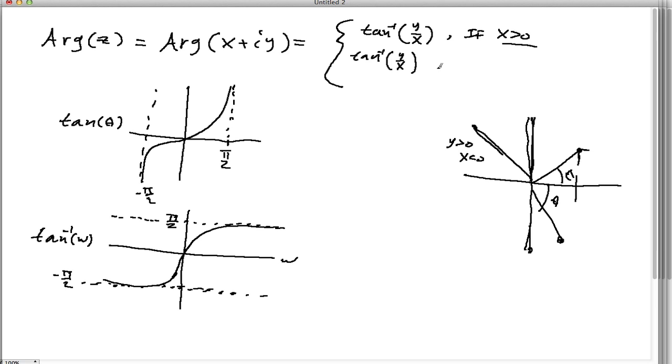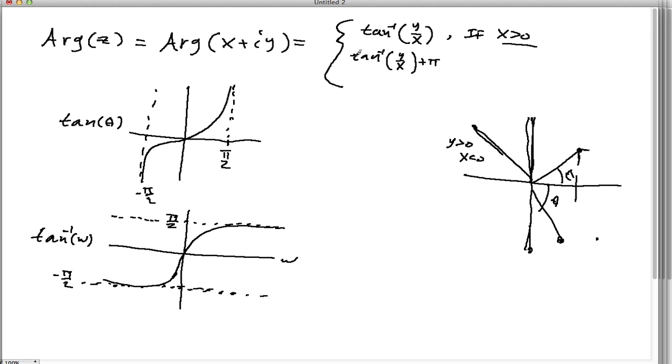In this case, y is greater than 0 and x is less than 0, so y over x is a negative number. Tangent inverse will give the equivalent value to the one on the opposite side of the circle, putting it down here. So what we have to do is add a plus pi to it. Okay, so that looks good.